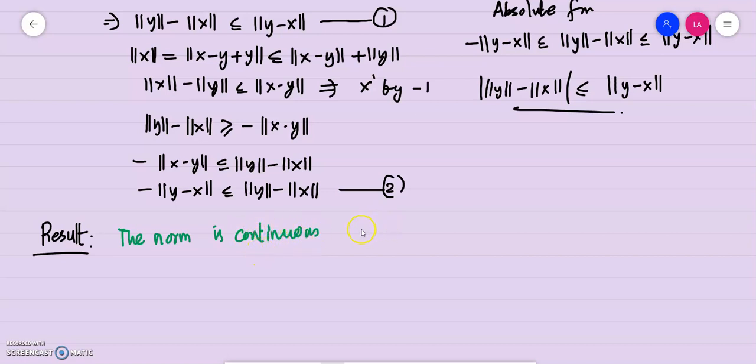Okay, so it is defined as x, a vector, onto a real number, norm x. So this is continuous if it can be considered as a continuous mapping from the space onto R. We have already known that this norm is a function from a vector space onto the set of all real numbers.